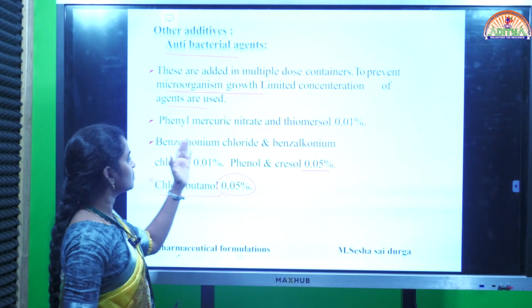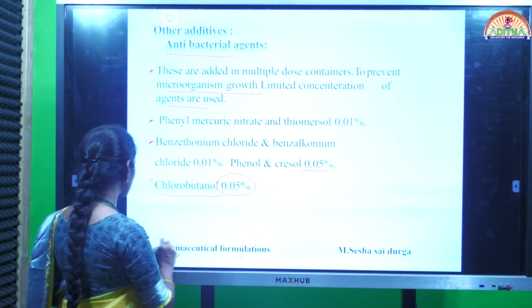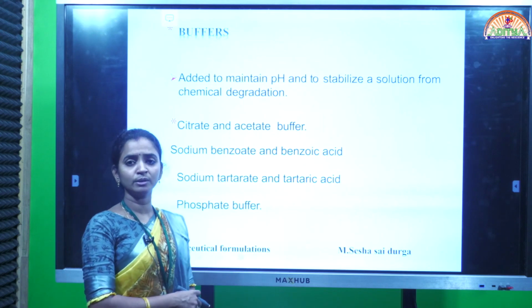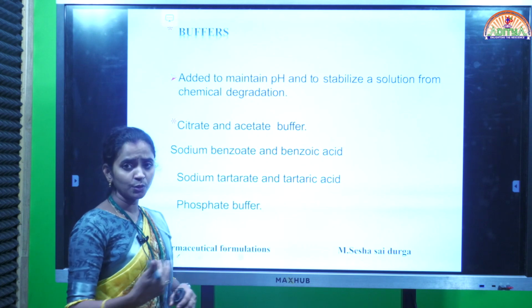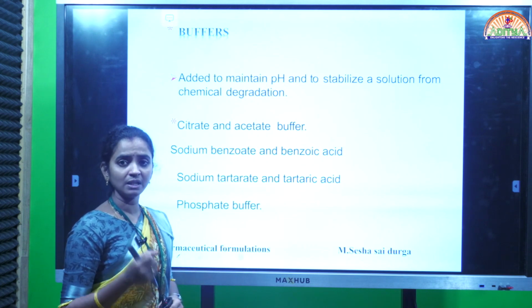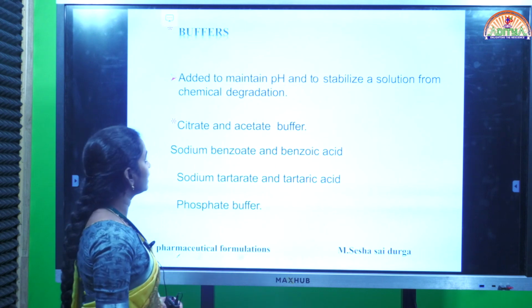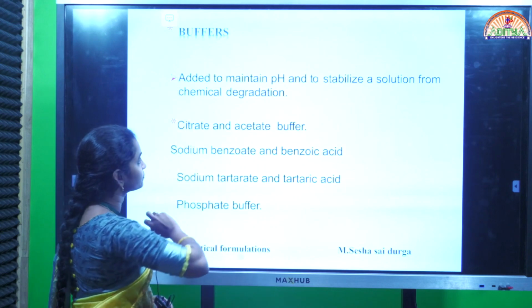So these are some of the examples of the bacteriostatic agents. And why are we using the bacteriostatic agents? We use them to suppress the growth of the bacteria and other microorganisms in the formulation during the storage. Until used by the consumer, the product should be stable. So to maintain that stability of the product, we are using bacteriostatic agents. And next category is buffers.